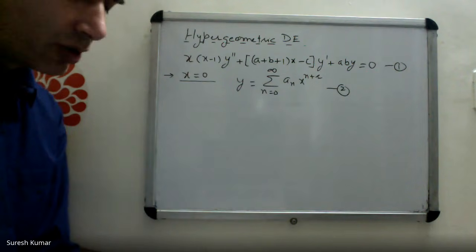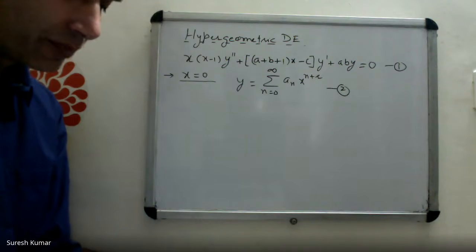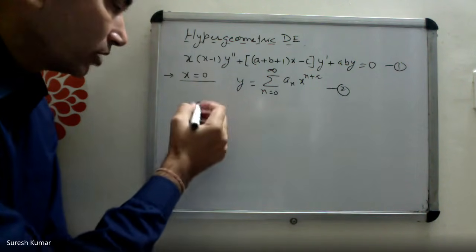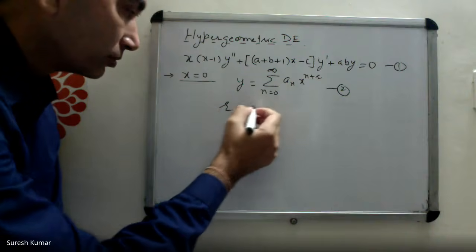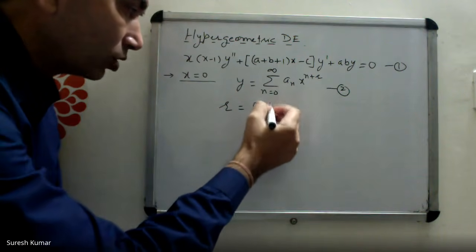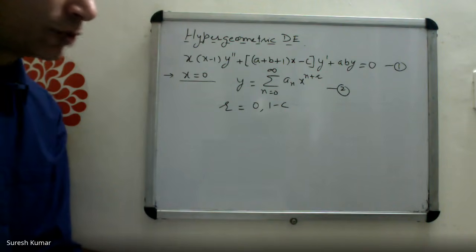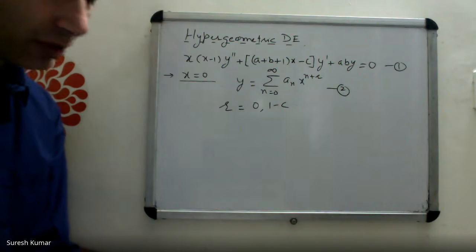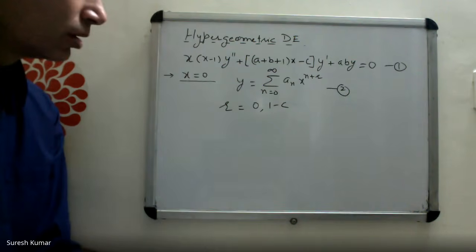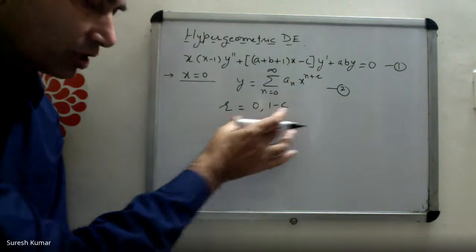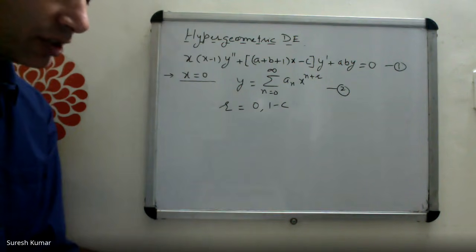Using this, you can do further calculations. The roots of the indicial equation are 0 and 1 minus c. You know those steps; those are trivial.